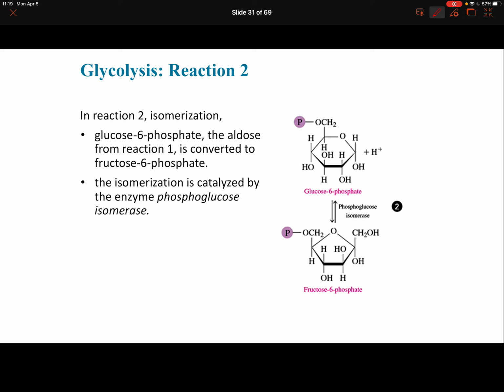Reaction 2 is an isomerization. So glucose 6-phosphate, which was an aldose, becomes fructose 6-phosphate, which is a ketose. And you can see here kind of reflected in the way that the ring is formed, right? We've got a 6-membered ring going into a 5-membered ring. So it looks like fructose. Fructose 6-phosphate. This was catalyzed by phosphoglucose isomerase.